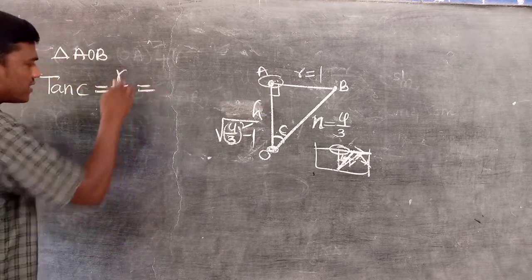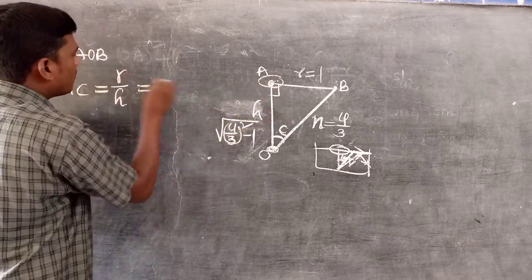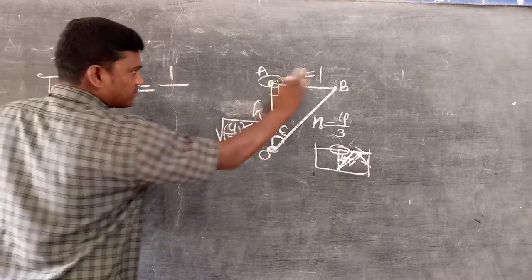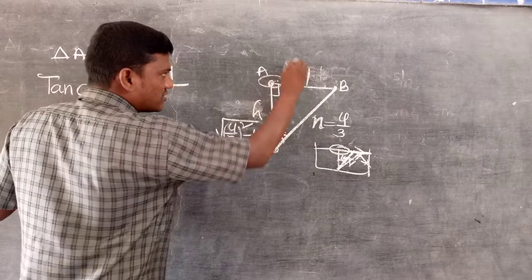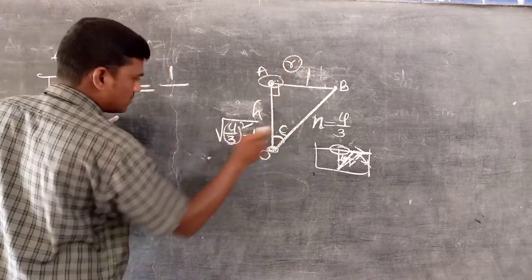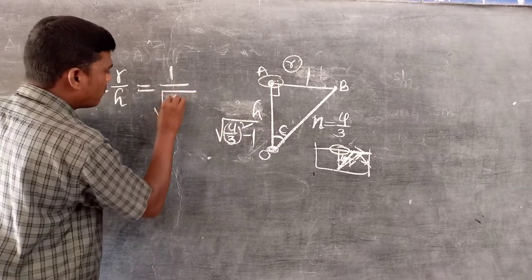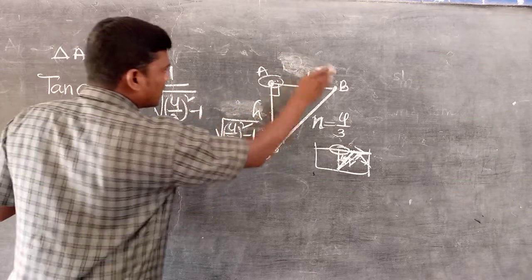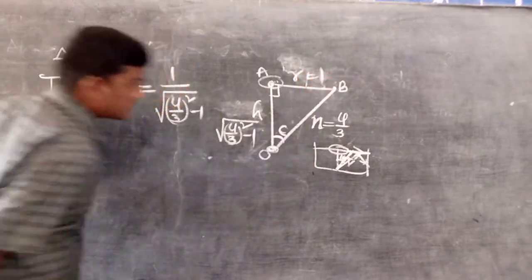From the diagram, it is the 1, actually this is what you are considering as R. That's why 1 upon H means root of (4 upon 3) whole square minus 1. So it is the R. This value you can say as 1.